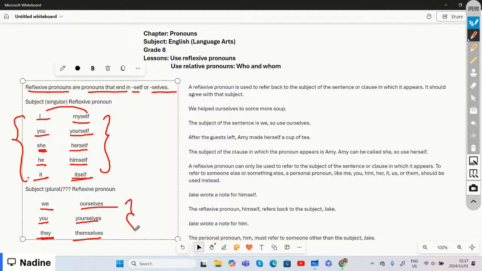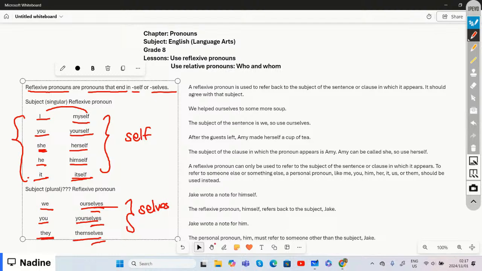And here with the plural subjects, our reflexive pronouns end with selves. Singular subjects, right? And singular reflexive pronouns end in self, whereas the plural subject with the reflexive pronoun ends in selves.